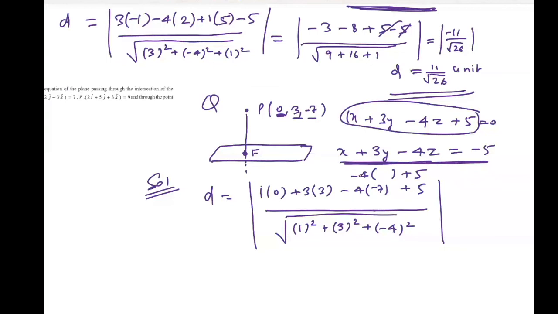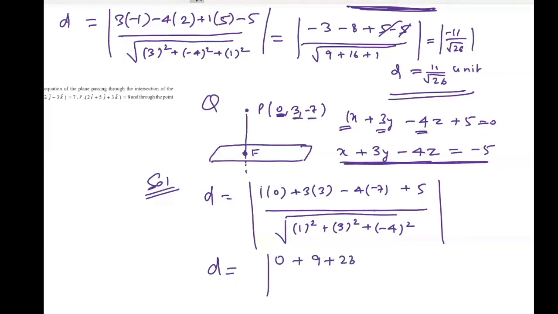Here a is 1, b is 3, and c is minus 4. So this is 0 plus 9 plus 28 plus 5, divided by root 26. So we got 42 divided by root 26 units.